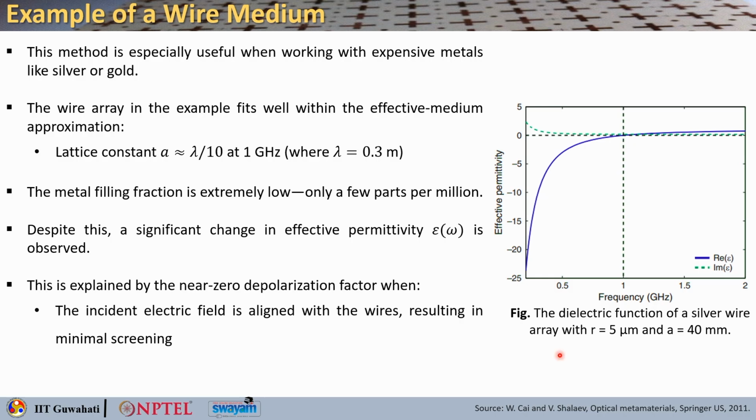So, depolarization factor basically refers to the ratio of the internal electric field induced by the charges on the surface of a dielectric when an external field is applied to that of the polarization of the dielectric. So, that depolarization factor will become near zero in such cases, okay, because of the incident field being aligned with the wires, and that gives you minimal effect in screening.